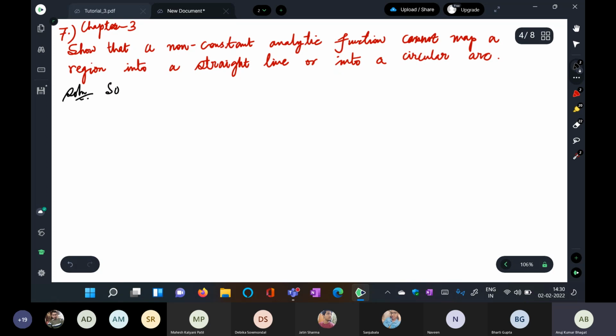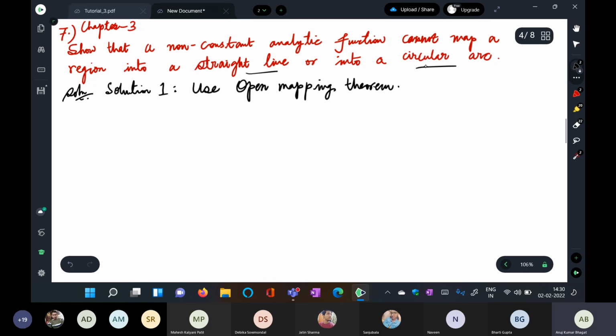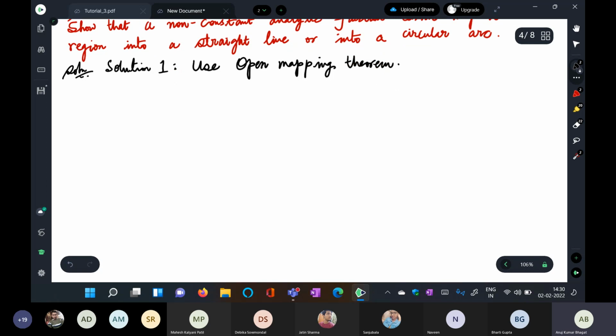Solution 1: use the open mapping theorem. As you have not done the open mapping theorem, I'll try to avoid this, but with its help it is one line. The open mapping theorem says that the image of an open set under a non-constant analytic function is open. Because neither a line nor an arc is open, the image cannot be this. So if you use the open mapping theorem, we are done.